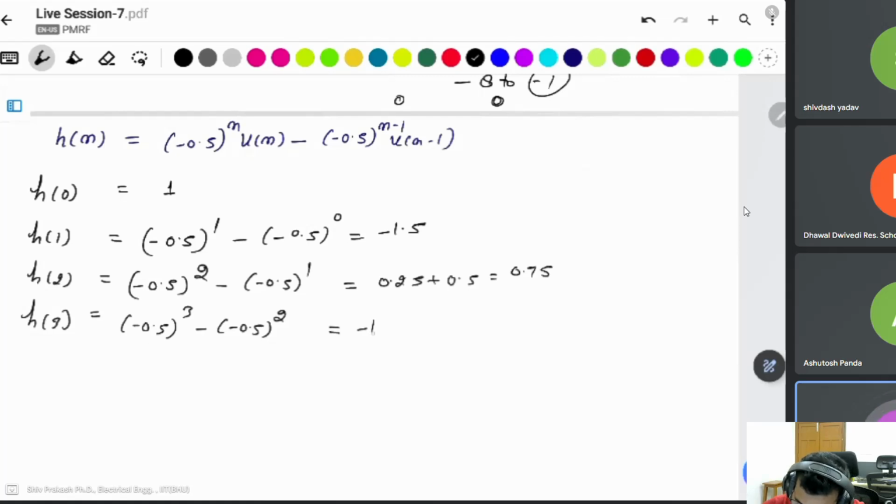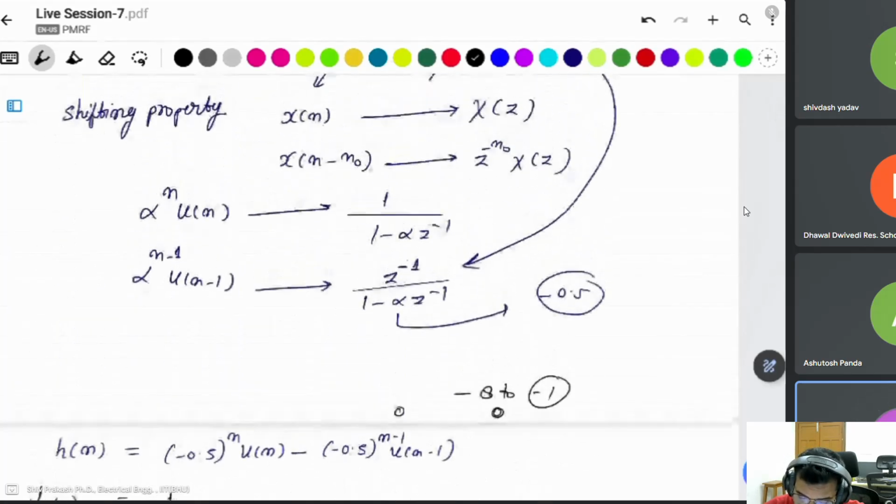That is minus 0.125 minus 0.25, which will be minus 0.375. So 1, minus 1.5, 0.75, minus 0.375. These are the answers for this one.